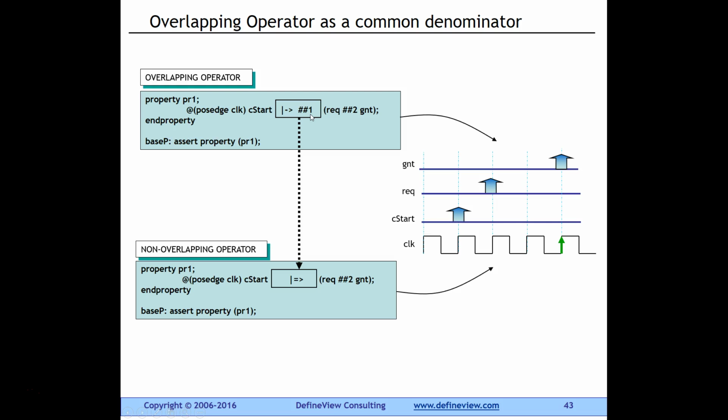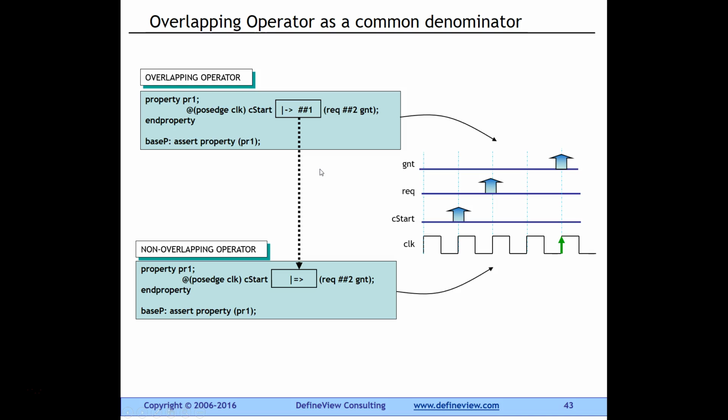So my suggestion is that you use overlapping. It is a common denominator. Use overlapping and then use pound 1 if you want the effect of non-overlapping. You cannot go from non-overlapping to overlapping, but you can go from overlapping to non-overlapping. And then in the project-wide methodology, you can suggest that everyone uses only the overlapping operator and then uses a pound 1 if you want the effect of non-overlapping.